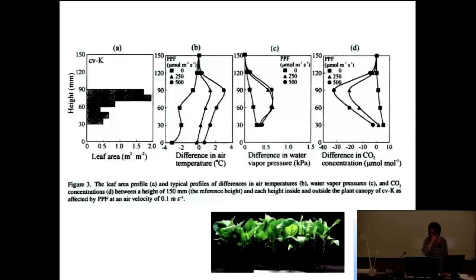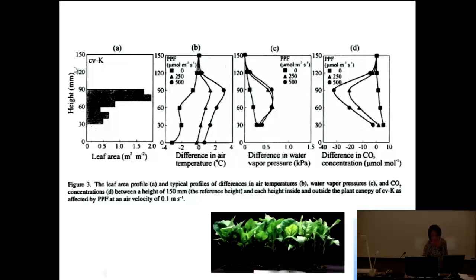Okay, so here is some of his data. There are 4 charts here showing the vertical distribution. The first one is the leaf distribution. This is the height, from the bottom, so 30 millimeters, the 3 centimeter position, is the oldest leaf, right?